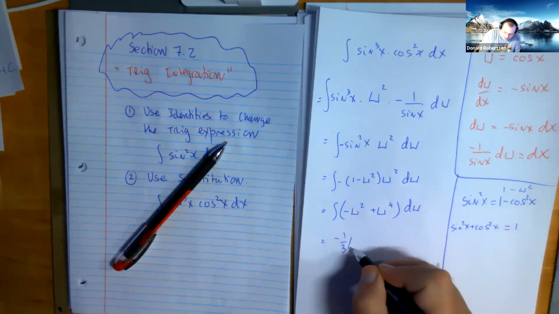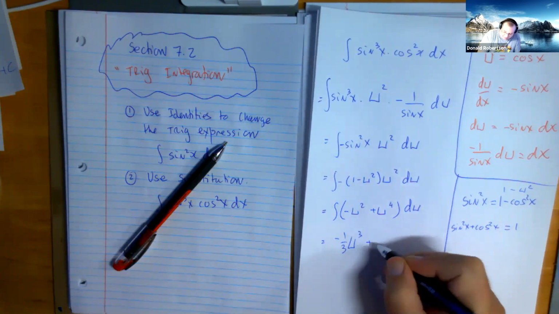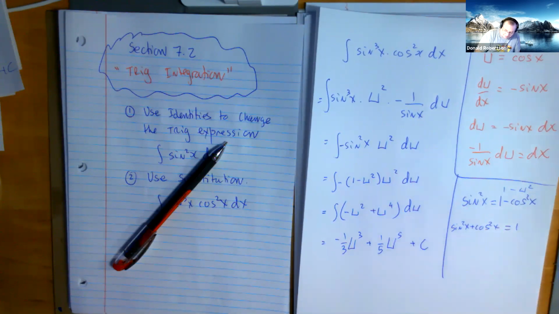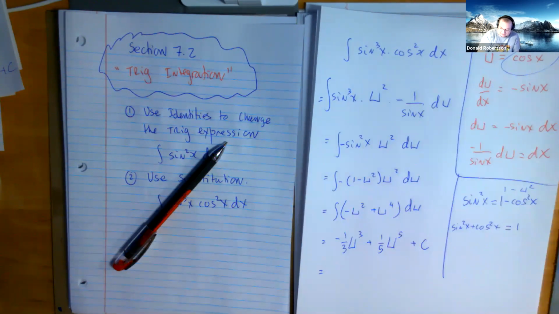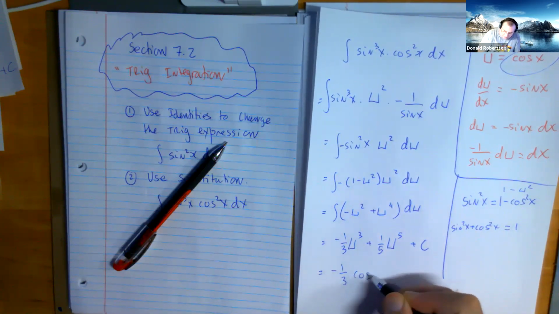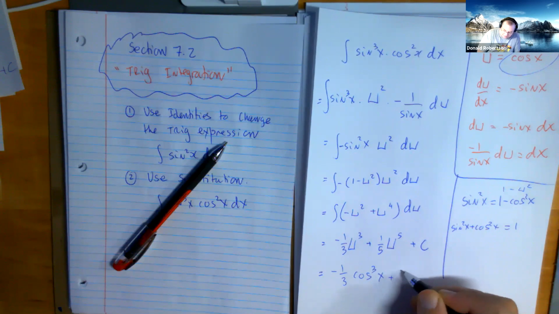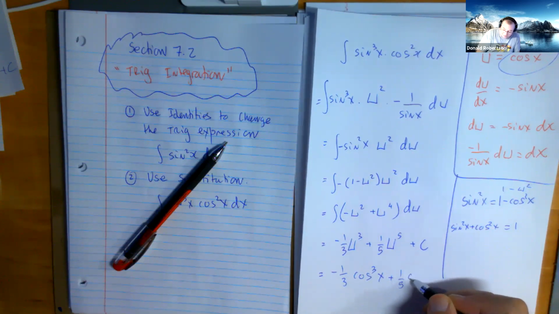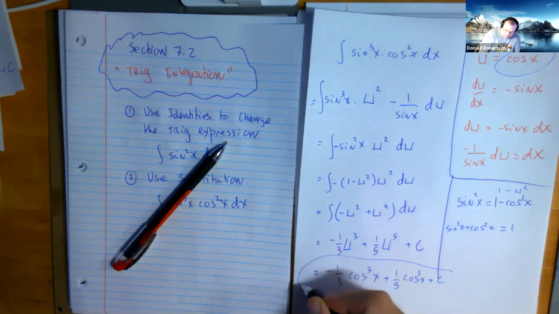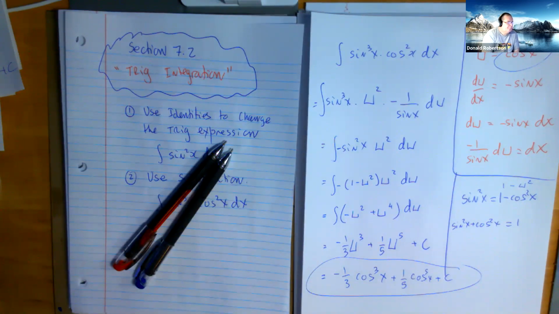Add 1 to the power, divide by the new power. Add 1 to the power, divide by the new power. And remember to return back to the x's. So negative 1/3 cos cubed x plus 1/5 cos to the 5 x, add c, and we are done.